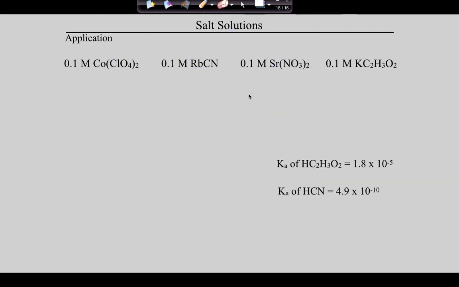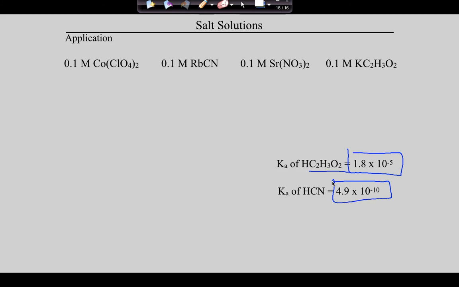They didn't give you the Kb's, they gave you the Ka's of the parent acids. So guys, they didn't give us the Kb for acetate, and this is back, Daniel, to your question about acid and conjugate base. They gave us the Ka for acetic acid, and they gave us the Ka for HCN. So guys, think about this.